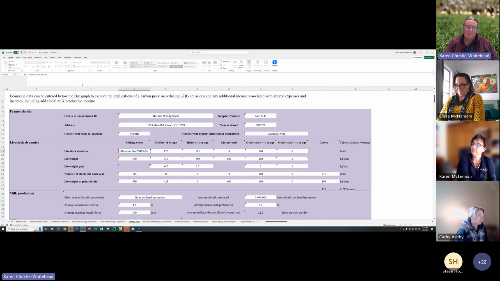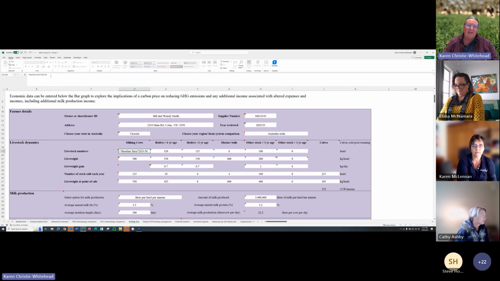When you click on this cell, you can see it's referencing back to the baseline farm. I always tell people to add or subtract whatever you want so that you're still retaining that equation, and you can then go back and delete that additional.